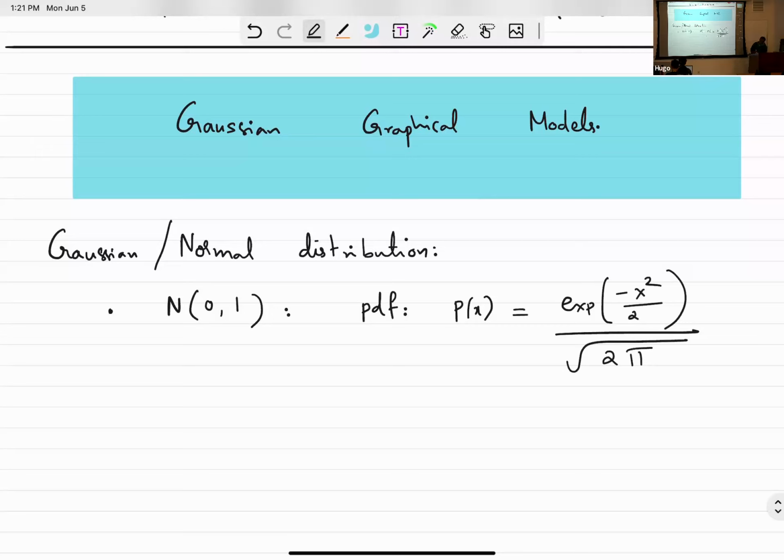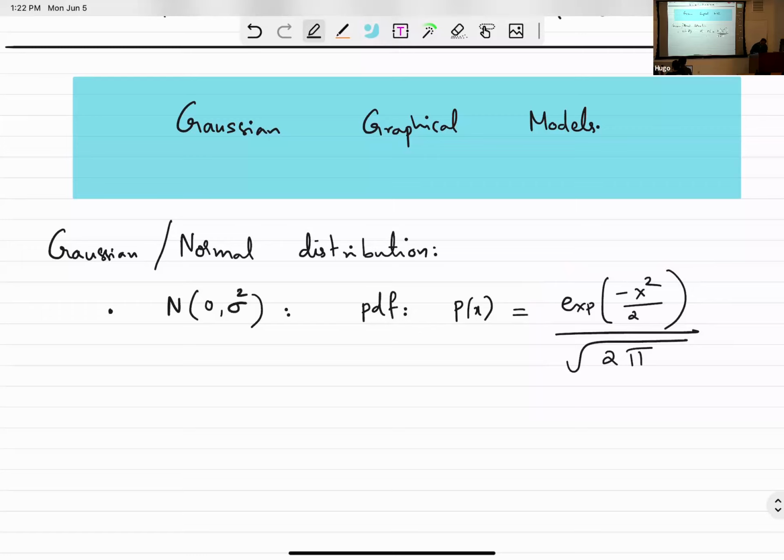If you ever wonder why the square root of pi is coming up, it's a beautiful problem to figure out. If I tell you that the density is proportional to this, what is the normalization constant? You can do some calculus to figure it out. There is a very nice video on YouTube giving a geometric derivation of this integral, but let's not go into that.